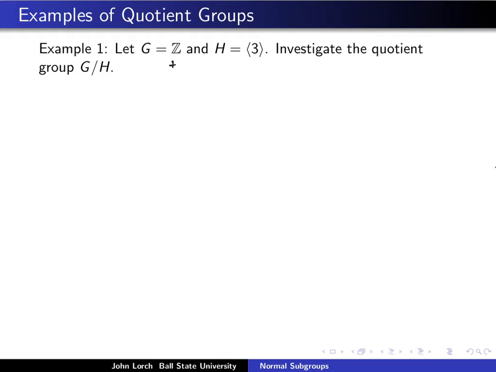So the first thing we need to check in order to make sure that the quotient group makes sense is whether the subgroup H is normal in G. So if g is an integer and h is an element of this group of multiples of 3, then when we take g h g inverse, that in additive notation is g plus h plus minus g.